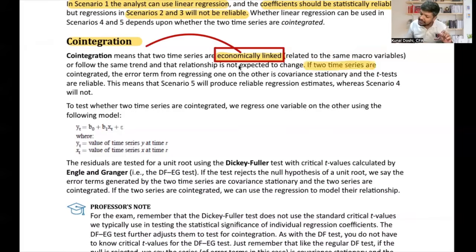If the two time series are co-integrated, the error term from regressing one on the other is covariance stationary and the t-tests are reliable. Yes. So they are saying if there is an economic relationship, that means that they are co-integrated, then the model is reliable. Then you can use the model.